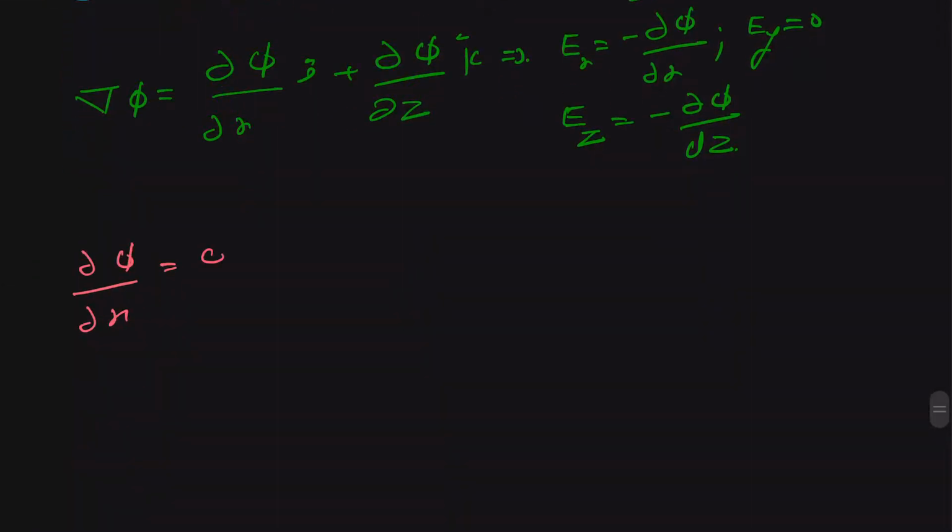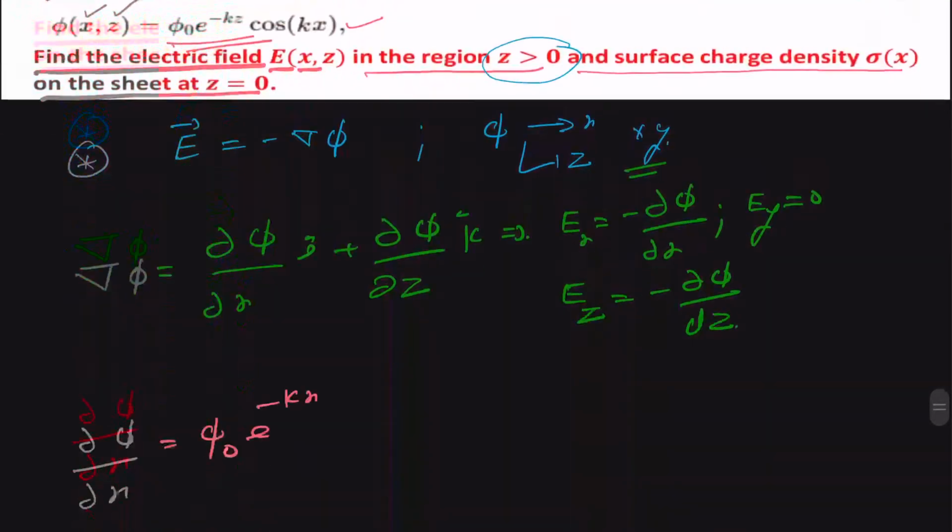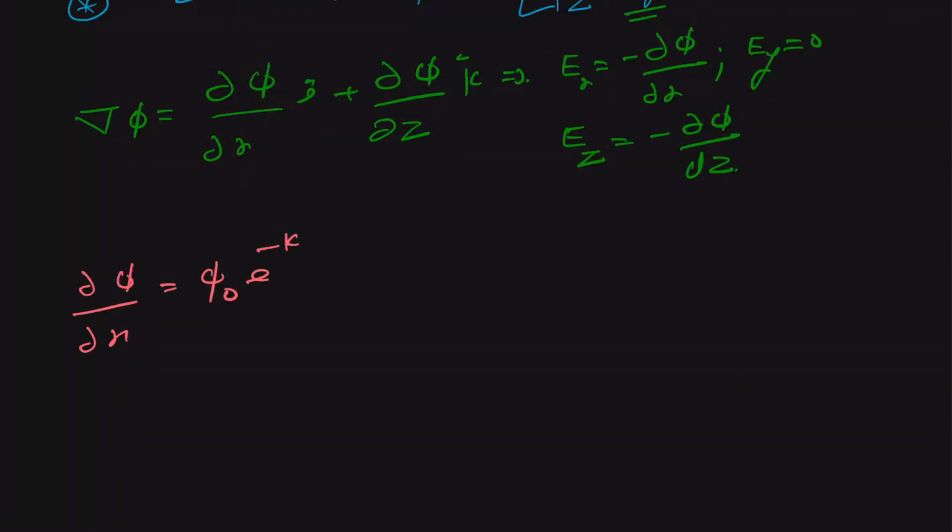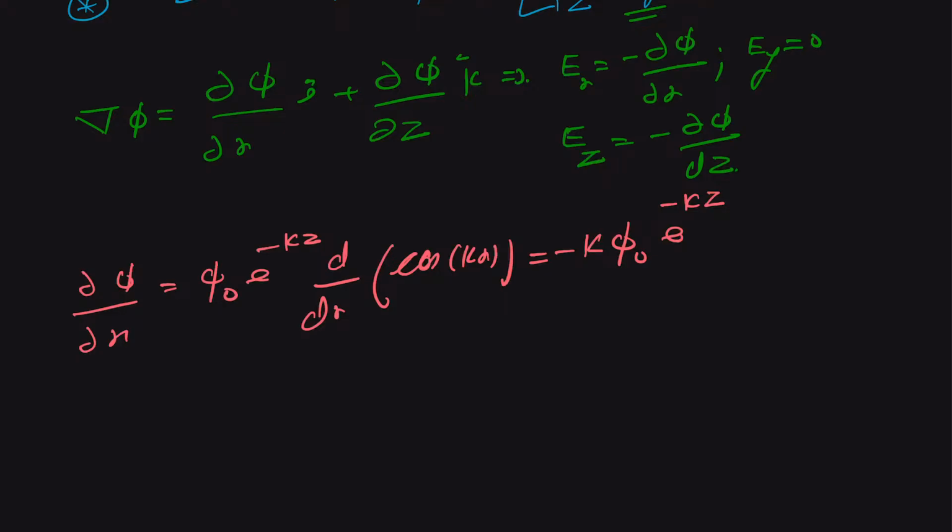So we get this as phi naught e raised to power minus kz, and d of dx of cos of kx, and this will be equal to minus k phi naught e raised to power minus kz times sine of kx.